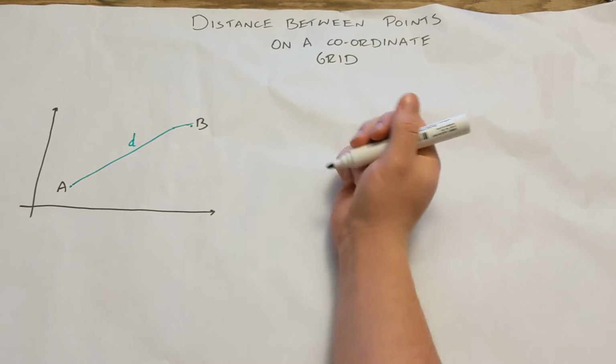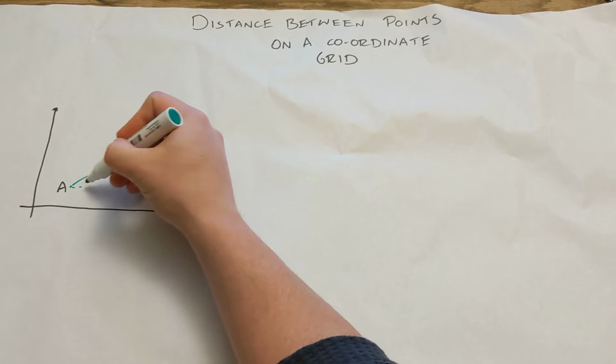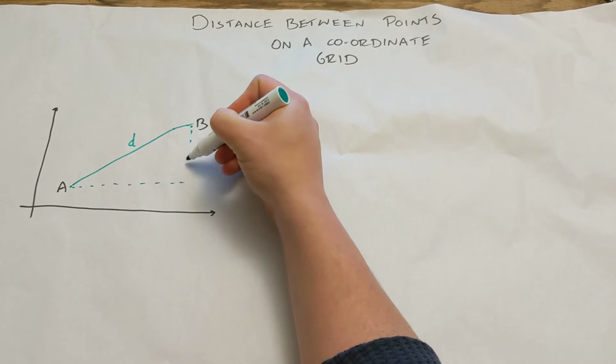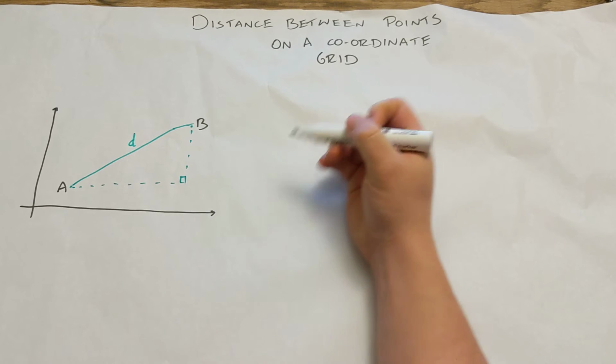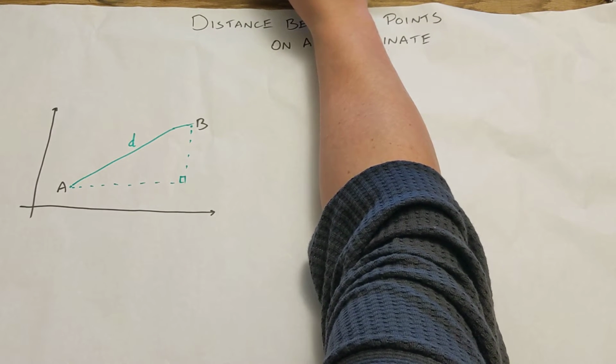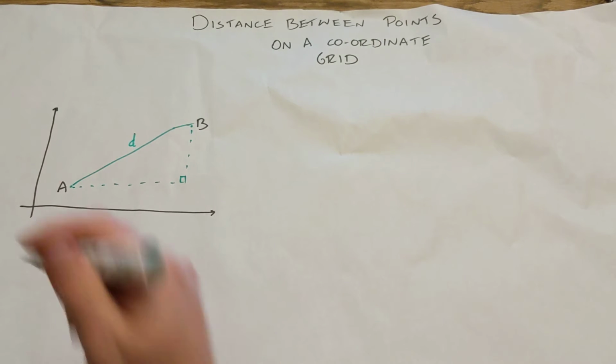Okay, but you can see here that what I've actually drawn, if I went like this, would be a right angle triangle. Yeah?